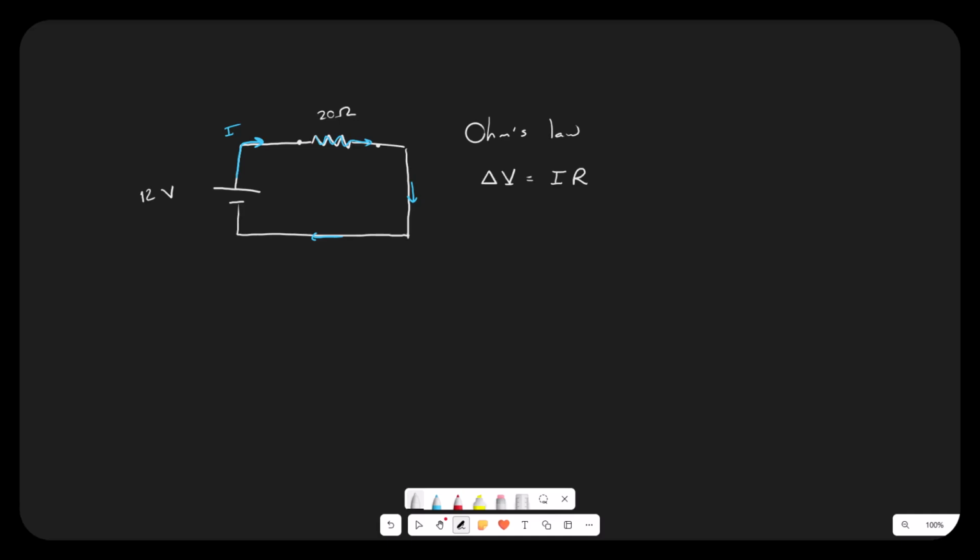We are going to soon take circuits with many resistors and break them down to be one equivalent resistor. But when we are down to a battery and a resistor, we can say our current is equal to the voltage of the battery divided by the resistance. So in this case, 12 volts over 20 ohms equals 0.6 amps. That's it for resistors for right now.